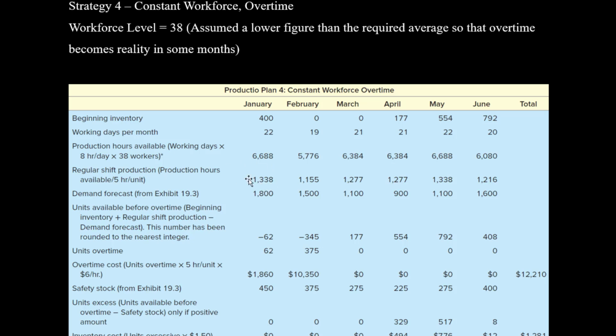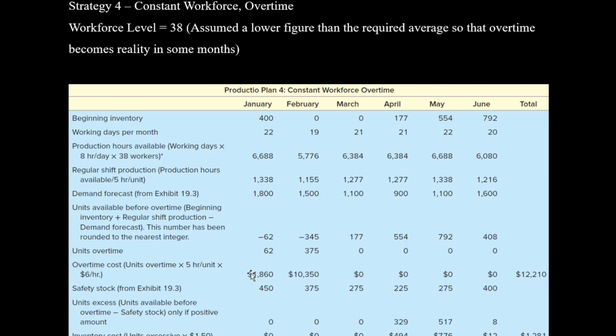Our demand forecast is 1800. So units available before overtime will be beginning inventory plus regular shift production minus demand forecast. So for the overtime, the units is 62. So 62 units need to be produced on overtime.